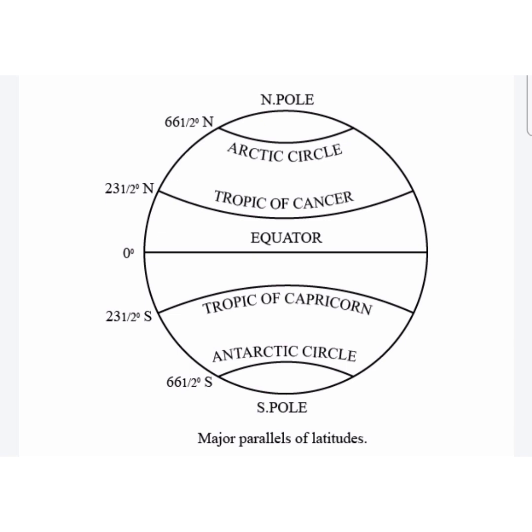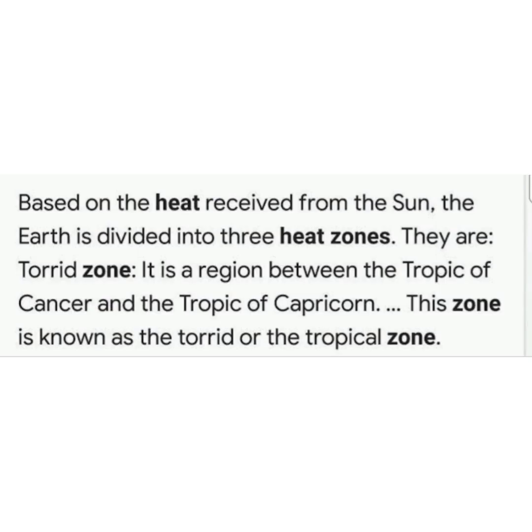The first is Tropic of Cancer, that is 23.5 degree north in the northern hemisphere. Then Tropic of Capricorn, that is 23.5 degree south in the southern hemisphere. Then Arctic Circle, that is 66.5 degree north of the equator, and Antarctic Circle is 66.5 degree south of the equator.